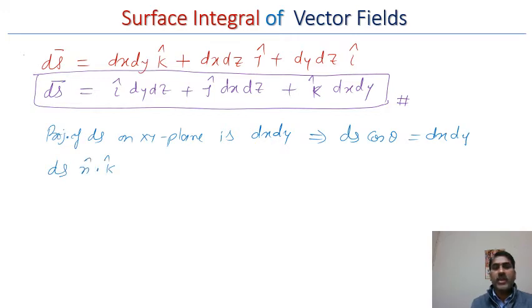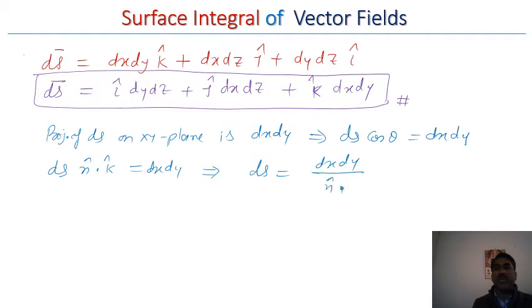Why n dot k? You already know that the angle between two surfaces is found by the angle between their normals. So the unit normal to ds is unit n cap, and the unit normal to the xy plane, meaning dx dy, is k cap. So n cap dot k cap is cos theta. So this is equal to dx dy, and when needed we write ds as dx dy by n dot k.